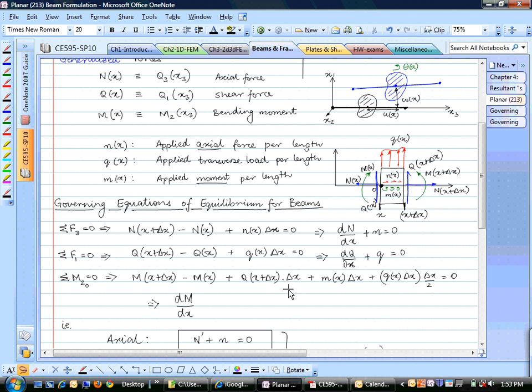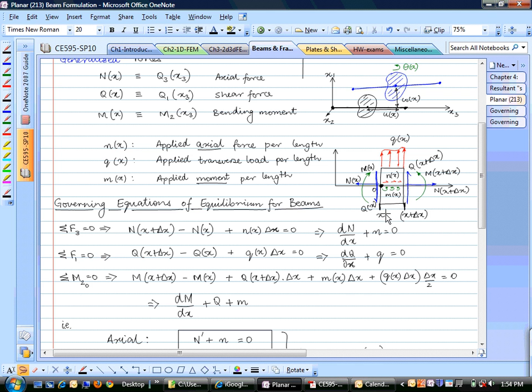Divide by delta x cancels off, and then delta x tending to 0, I just get Q. So we have Q. Same thing for this, we have plus m. And how about this term? If I divide by delta x, one of them cancels off, but the other one doesn't. And when I say delta x tending to 0, this term goes to 0. So there is no moment created due to the distributed force that is acting on this beam.